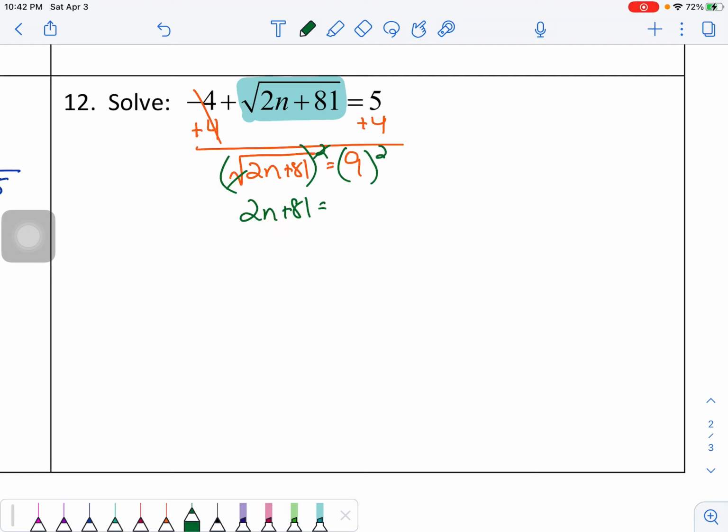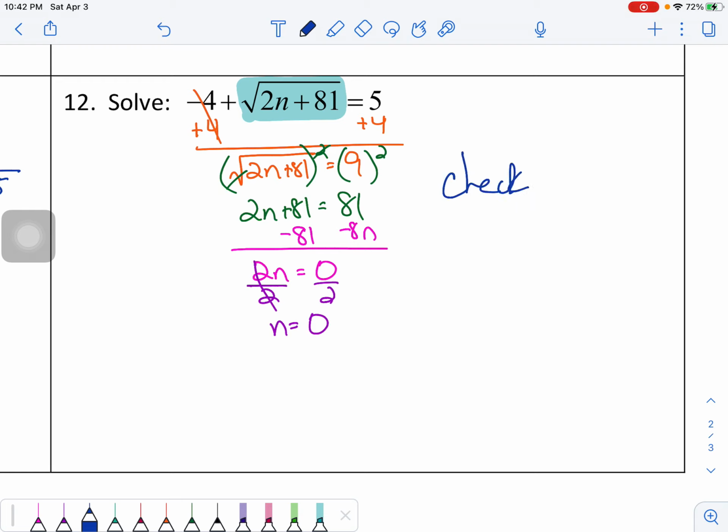So 2n plus 81 is equal to 9 squared, which is 81. I'm going to subtract 81 from both sides. So 2n is equal to 0. I weirdly have some students get weirded out about this part. So I'm going to divide both sides by 2 and n is equal to 0. Maybe, I think, kind of, sort of, I hope.